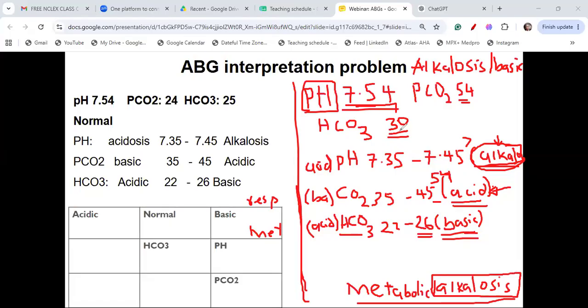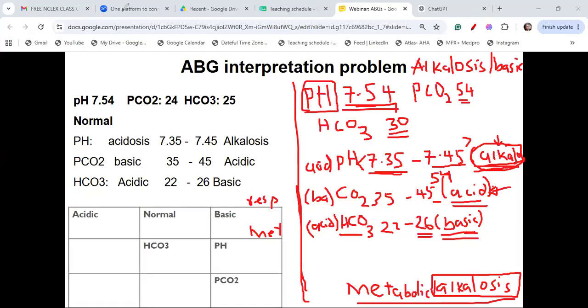For you to say acidosis, the value of the pH must be less than 7.35. In this case, you have 7.54. It is more than this, so it's on the basic side. I don't know if that is clear.